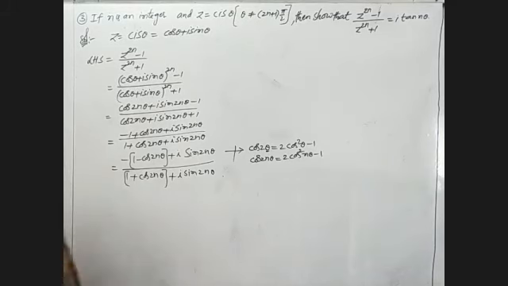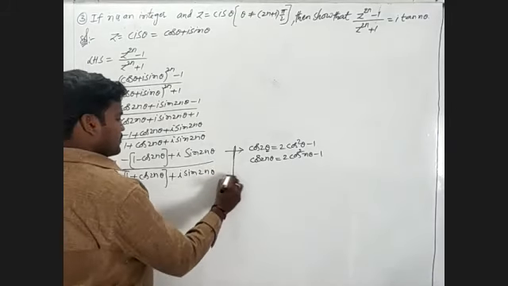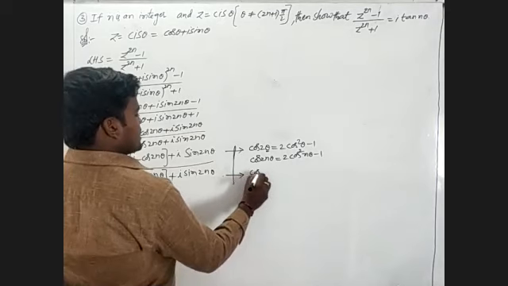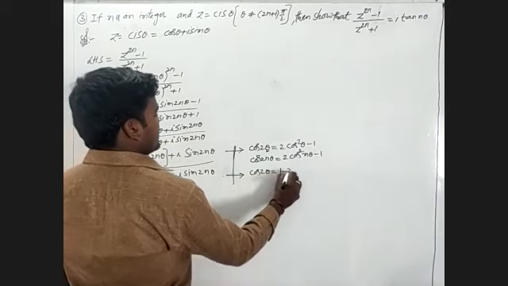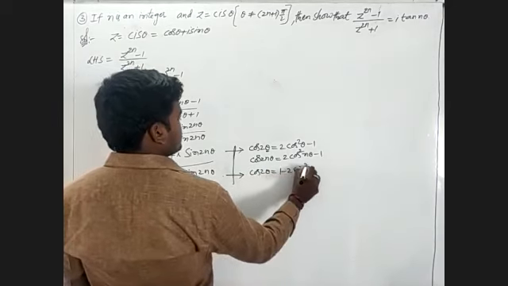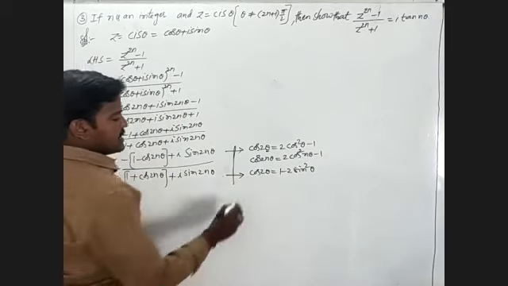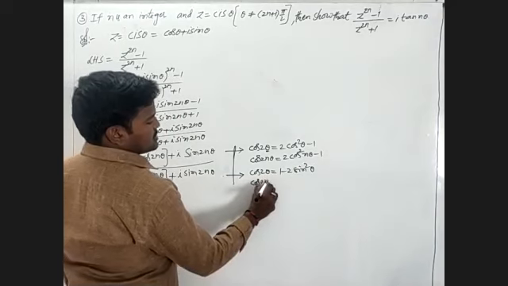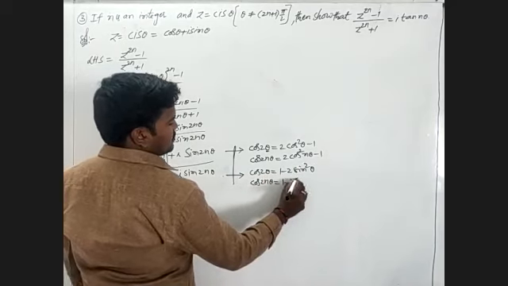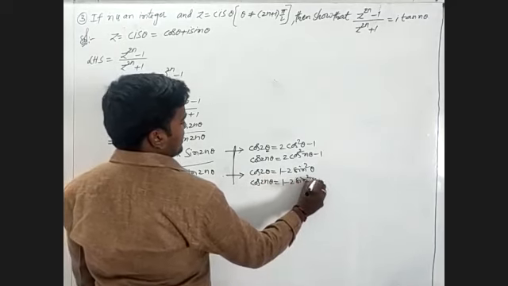Again we take this one. What is cos 2 theta in terms of sin theta? That is nothing but 1 minus 2 sin square theta. Here also taking theta as n theta, cos 2n theta is 1 minus 2 sin square n theta.